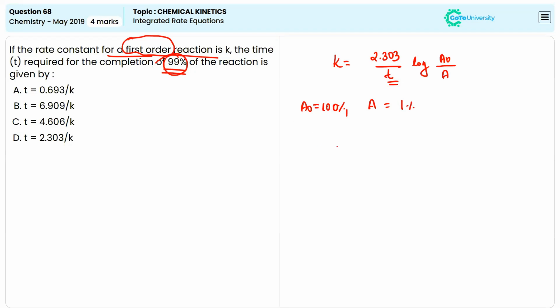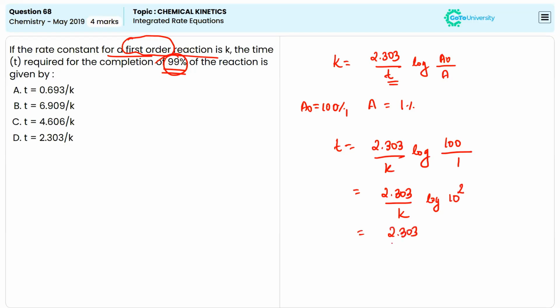Directly we can write. So we are rearranging this equation for t, that is 2.303 divided by k logarithm of initial concentration is 100, final concentration is 1. So it will be 2.303 by k logarithm of 100 by 1, that is 100 only. So we can write it as 10 to the power 2.